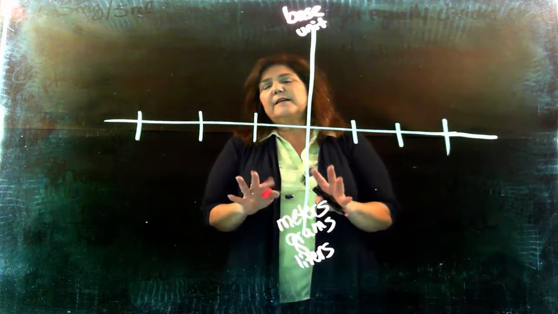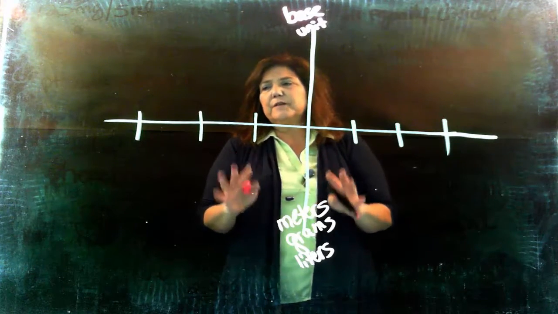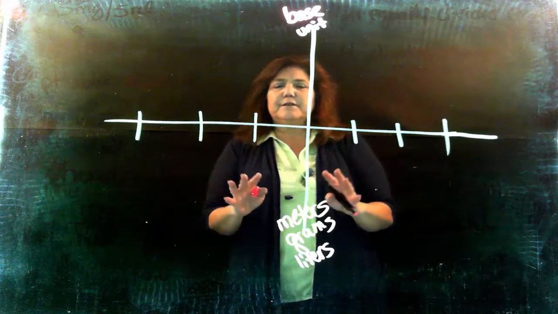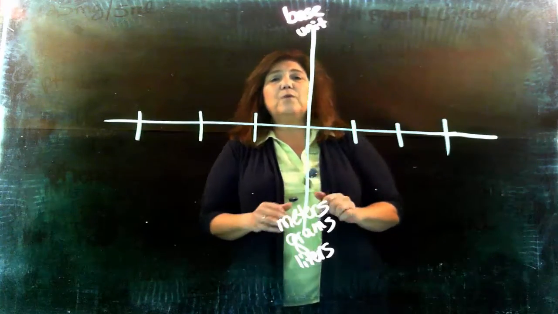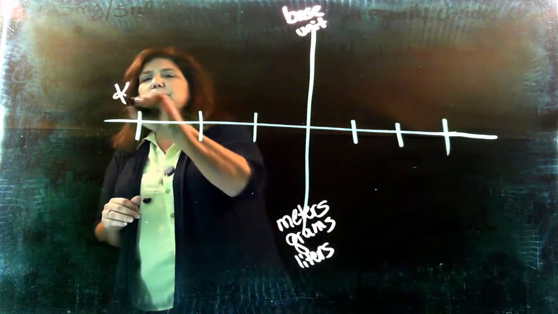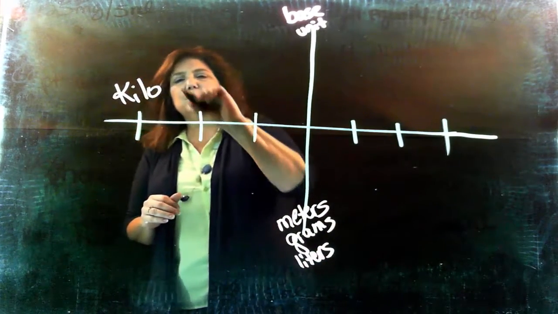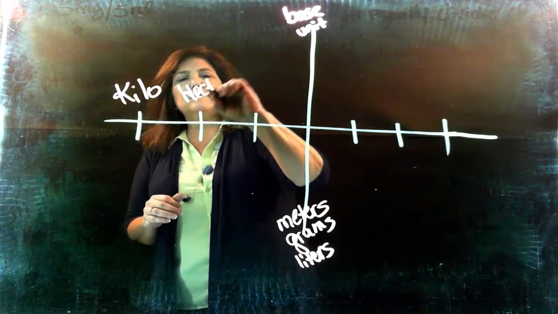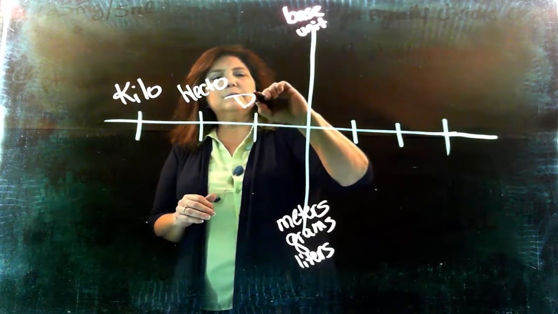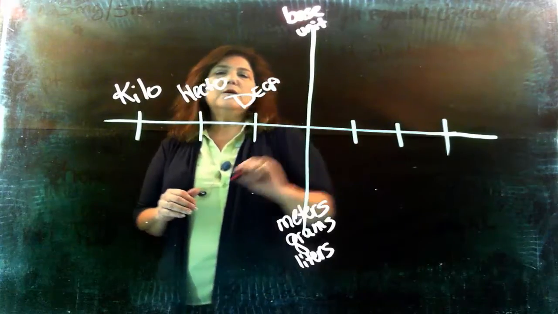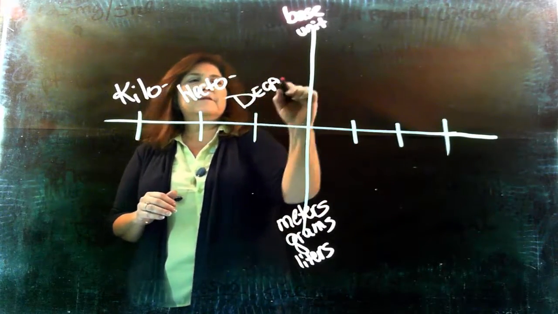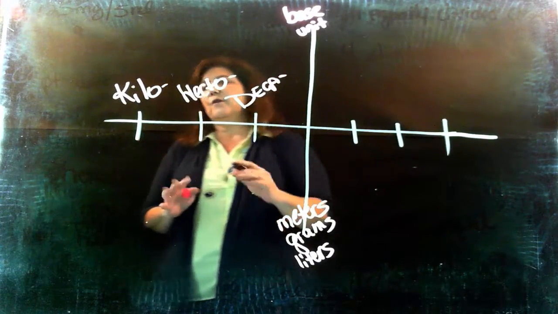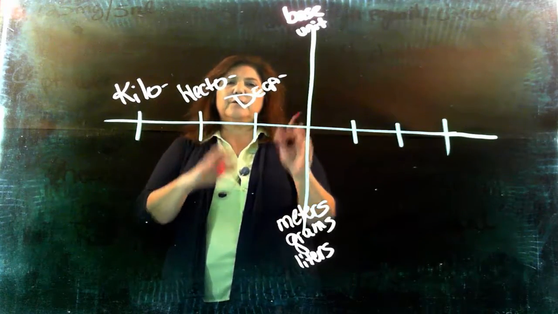And grams is what we use for weight. Like I said, in the metric system we have prefixes that define what we have here. The three prefixes over here that we're going to look at are kilo, hecto, and deca.